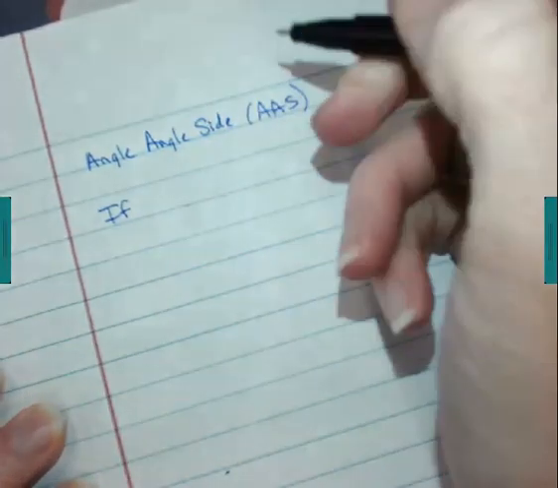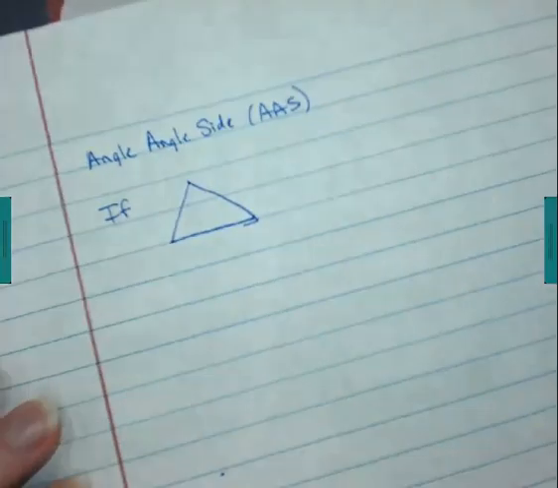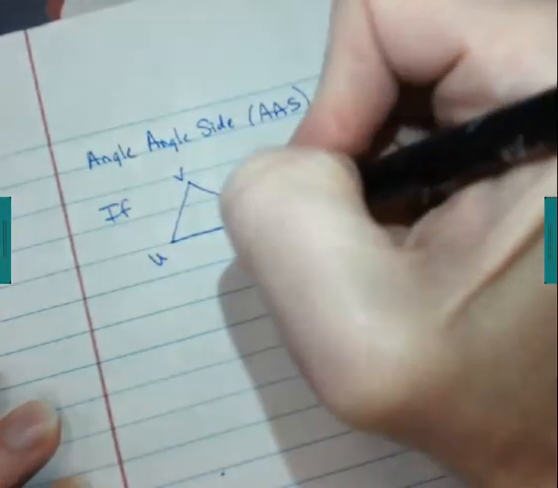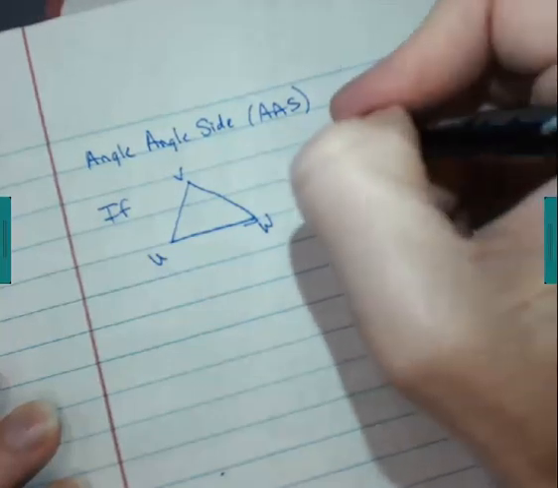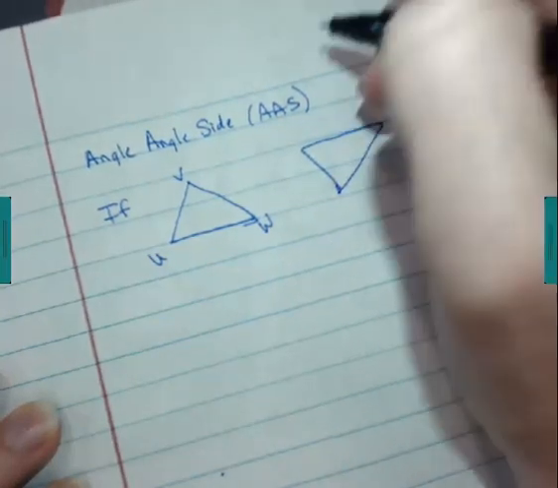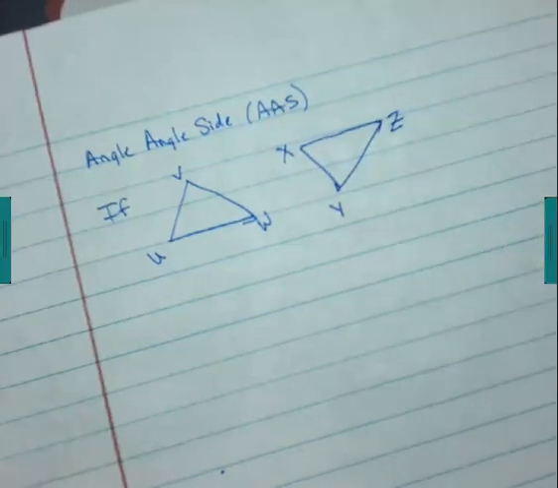Alright, so for this one, what we are saying is if we have two triangles again, and I'm going to call this one U, V, and W, and then over here I have X, Y, and Z. Now I'm looking for angle, angle, side.